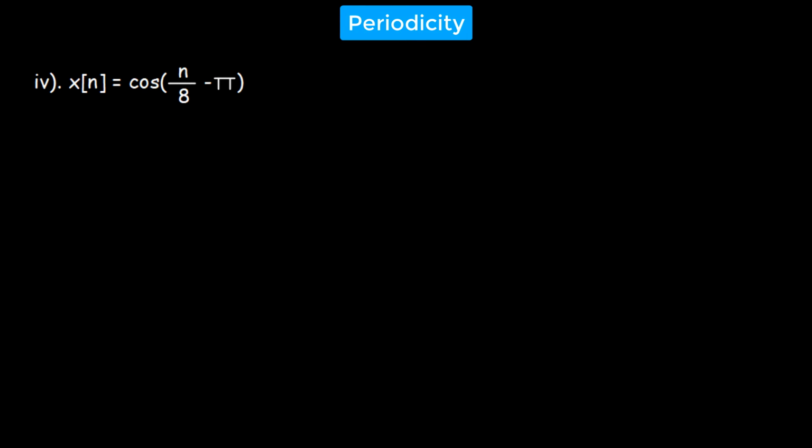So here we have a discrete time signal x of n given by cosine of n over 8 minus pi. So let us first check whether the given function is periodic or not.